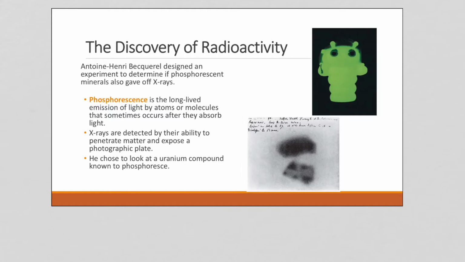Phosphorescence is simply the long-lived emission of light by atoms or molecules that occurs in some materials after they absorb light. So the idea is that something absorbs light energy, and then re-emits it over a long period of time, and we call this phosphorescence.